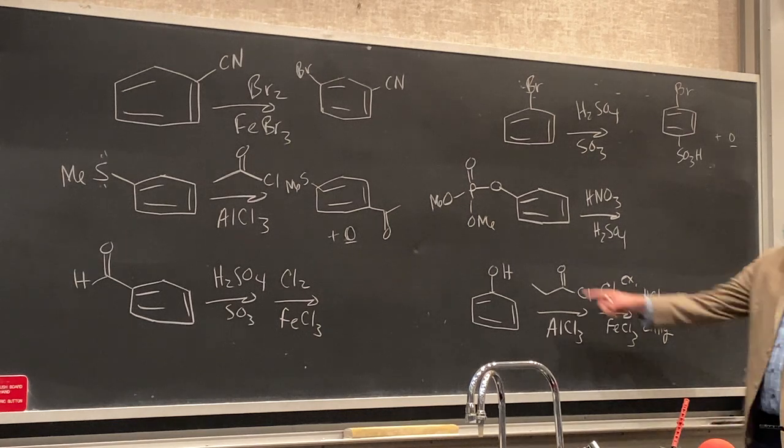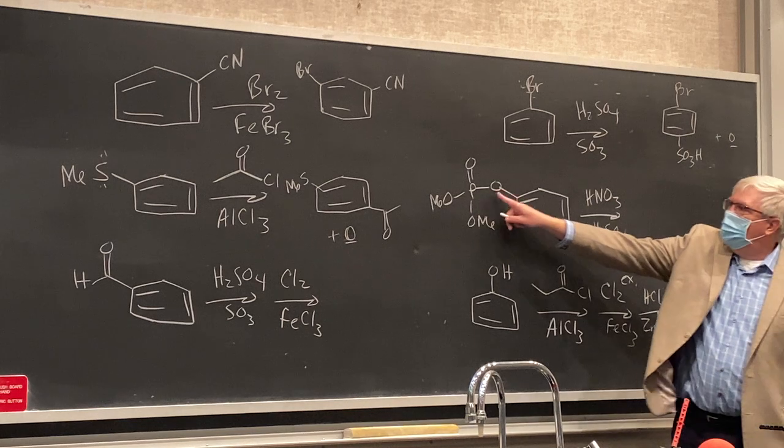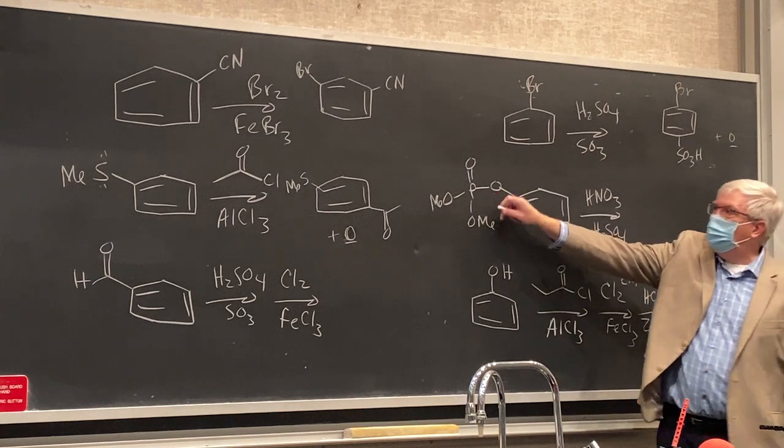Okay, what are we going to do with phosphate? So this is kind of a biological example. Phosphates are more common in biology. And I've drawn out the whole phosphate structure there. So predictions, ortho-para director or meta director? What does it have right on the ring again? An oxygen with lone pair.